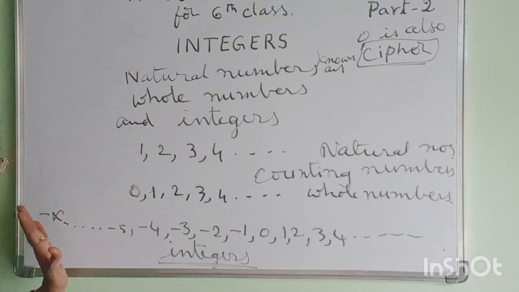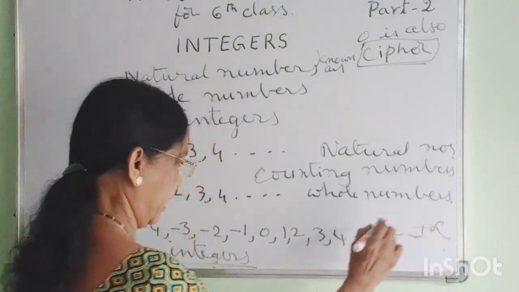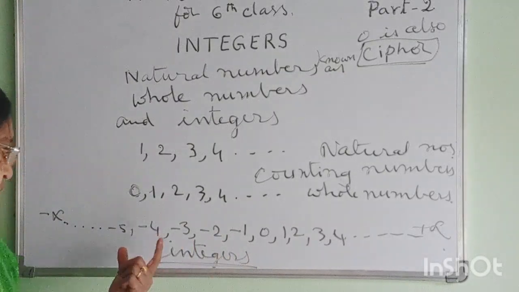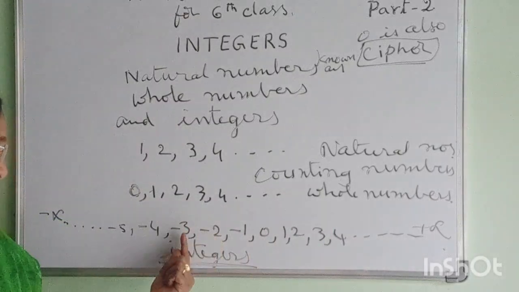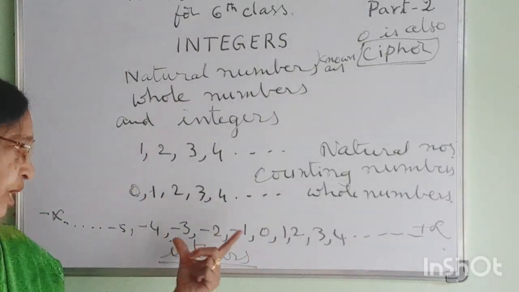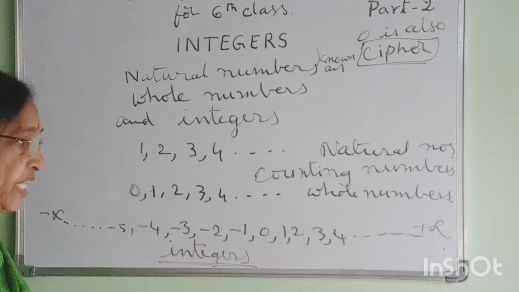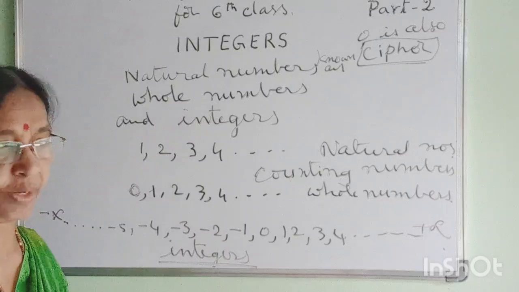So from -infinity to +infinity, these numbers are called integers. So 0, 1, 2, 3, 4, etc. and -1, -2, -3, -4, etc. together are called integers. So integers are directed numbers. They have positive and negative numbers.